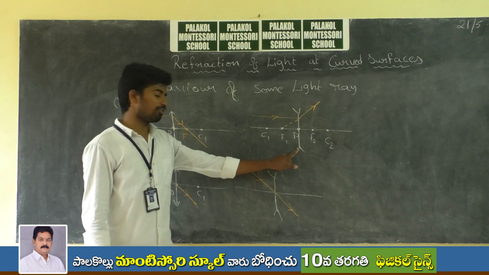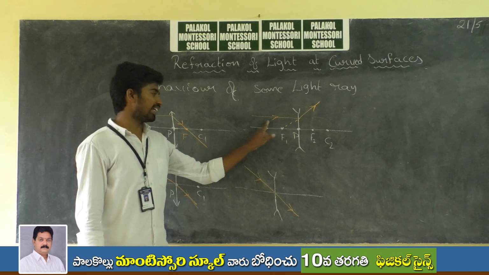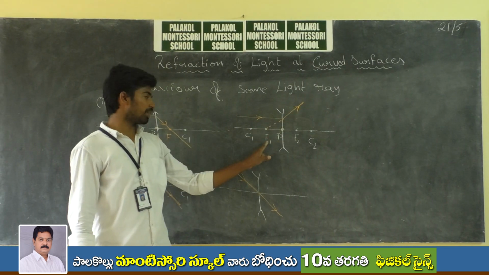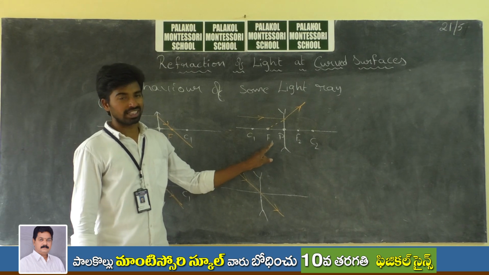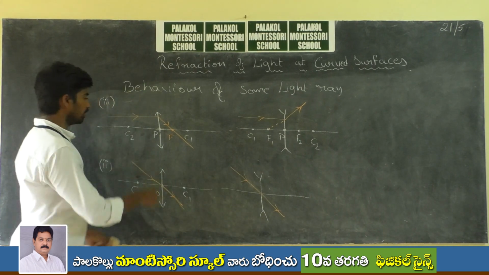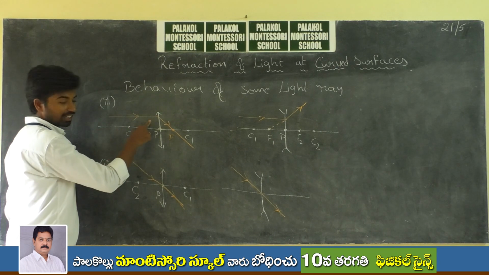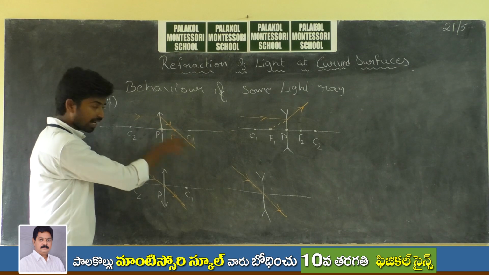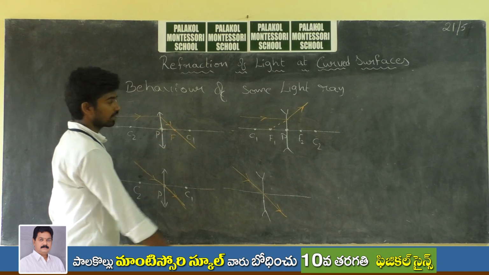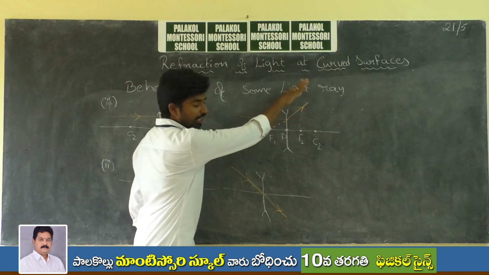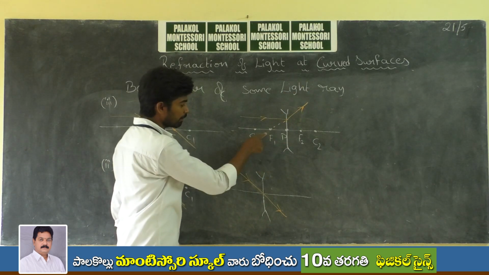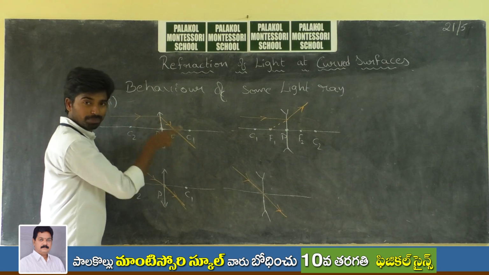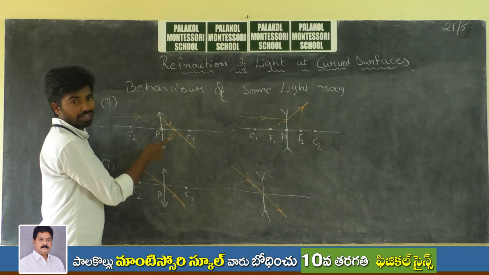In the case of a concave lens, the refracted light ray seems to be coming from the focus point F1. In the case of a convex lens, the refracted light ray is towards the principal axis and passes through the focus point F.